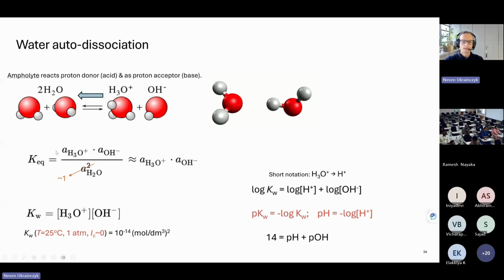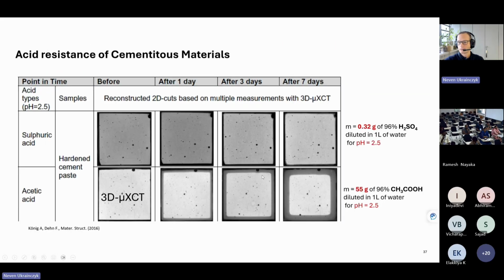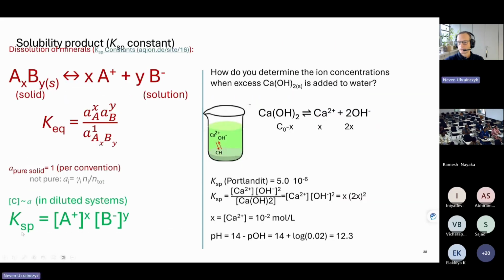But if you have any other equilibrium constant, you should not forget to also put down in the denominator the concentration of the left-hand side. But here, and also in the solubility product, because we have the solid, the concentration is equal to 1.